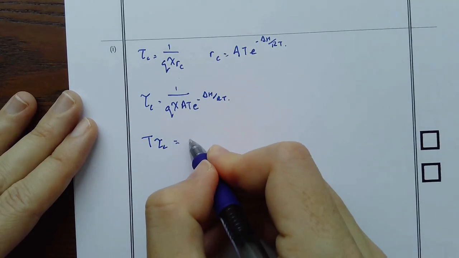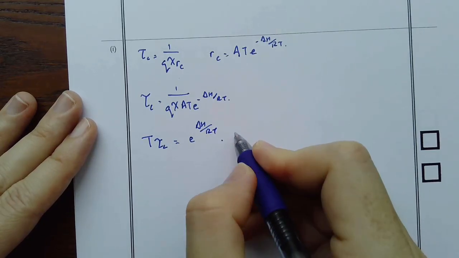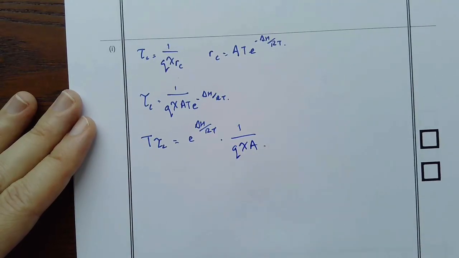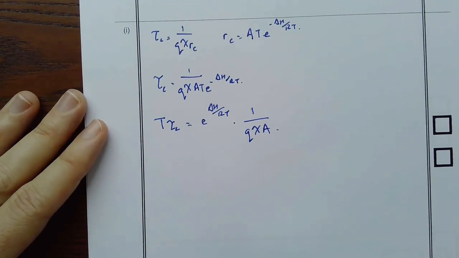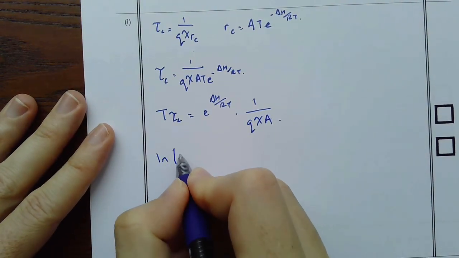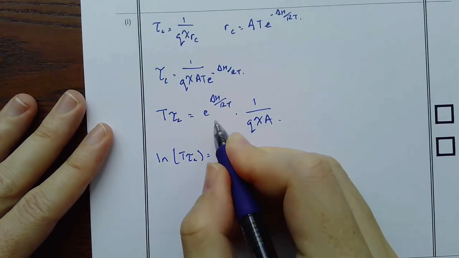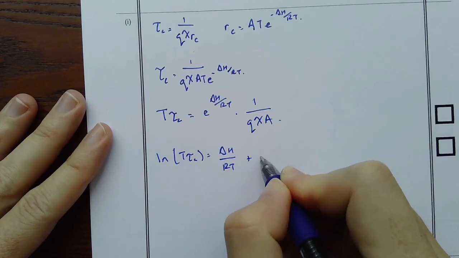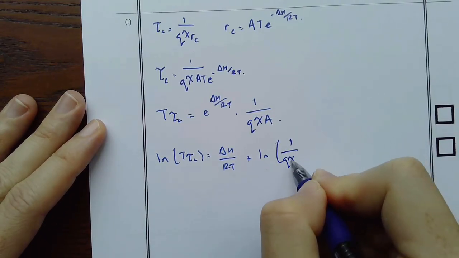So I can have e to the delta H over RT multiplied by 1 over q chi A. Alright, and then if I take the log of both sides, log T tau c equals delta H over RT plus log 1 over q chi A.